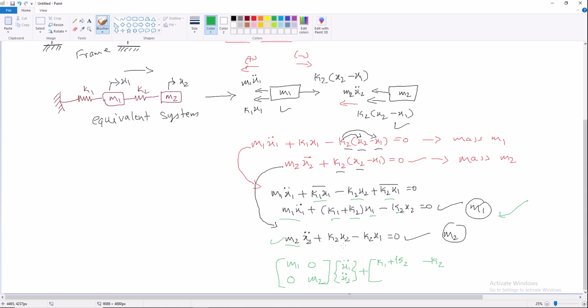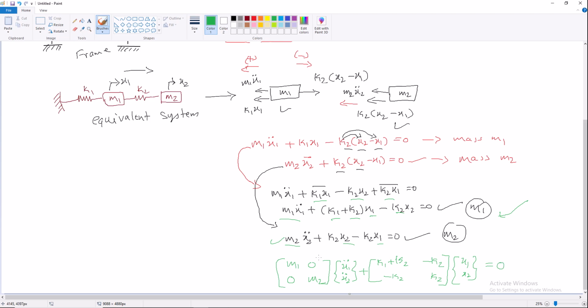At the same time, for the second equation, x1 is associated with minus k2, and x2 is associated with plus k2, right. This is the stiffness matrix. Now the displacement, which is x1 and x2, is equal to 0.